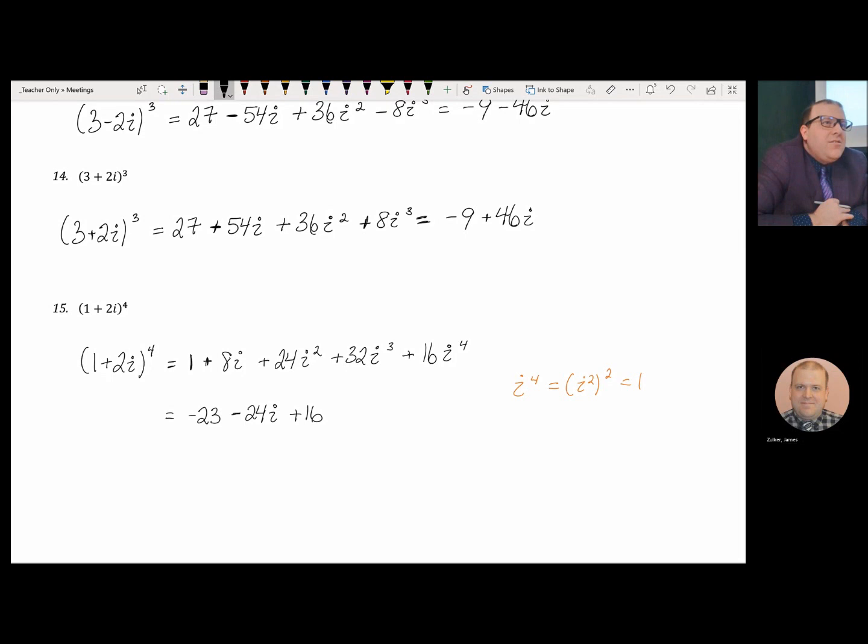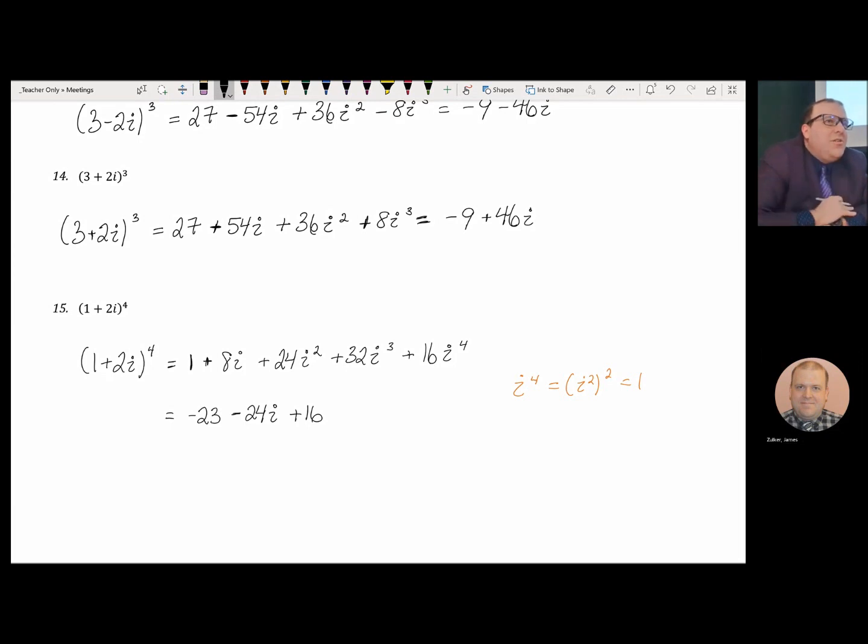Right? You have i. You have i squared, which is minus 1. i cubed is minus i. i to the 4th is 1. i to the 5th goes back to i. So i to the 6th would be minus 1. i to the 7th would be minus i. i to the 8th would be 1.